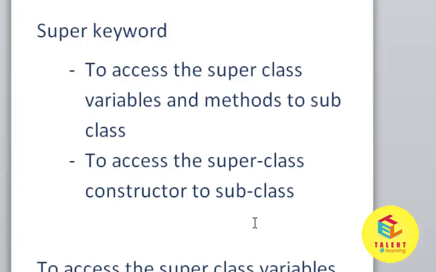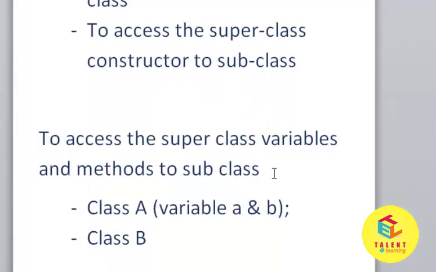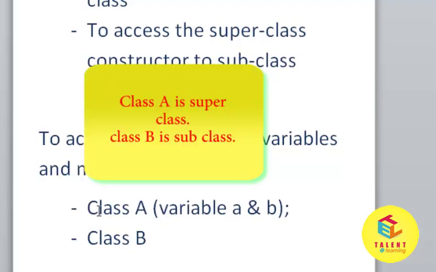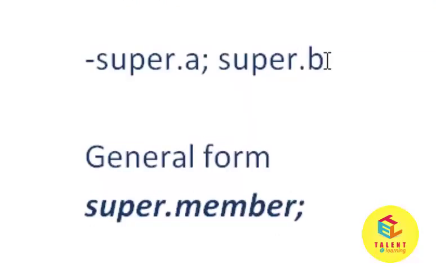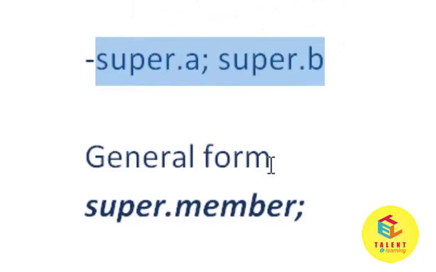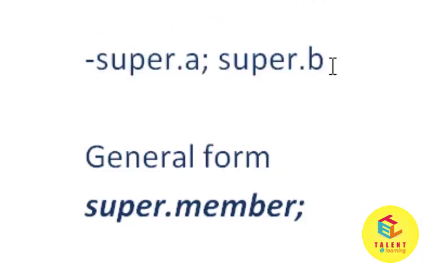To access the superclass variables and methods from the subclass, here in this example, class A has variable a and variable b, and the subclass is B. If we want to access the variables a and b of superclass A, we just write super dot variable name. It means super.a and super.b.